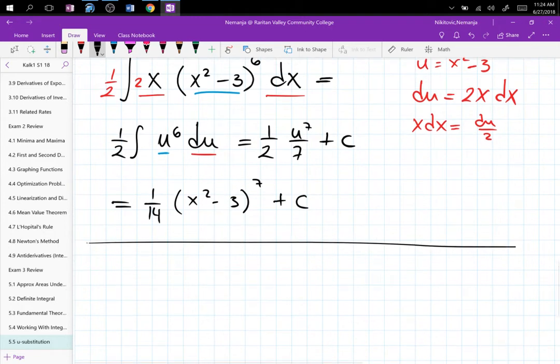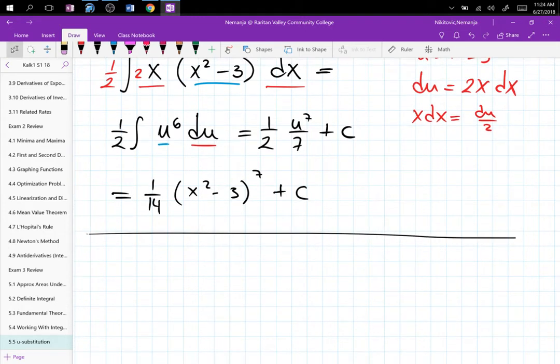Let's just write the formal formula for u sub and discuss it for a few moments.